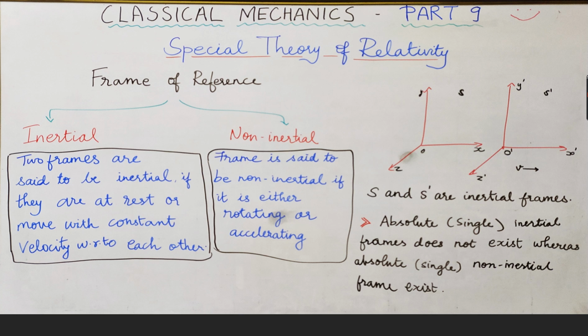Similarly, for a non-inertial frame, a single non-inertial frame exists. So you can have only one frame where you can say that okay, this frame is rotating or accelerating. But for inertial frames, you will have two frames because they move with a velocity with respect to each other. So there should be two frames.